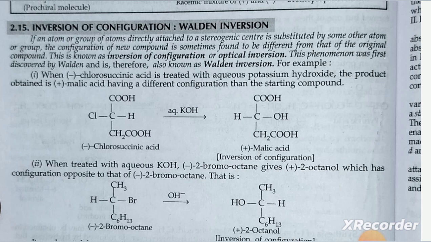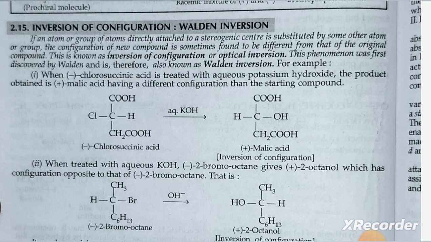For example, first, when minus chlorosuccinic acid is treated with aqueous potassium hydroxide, the product obtained is plus malic acid having a different configuration than the starting compound. Minus chlorosuccinic acid in the presence of aqueous KOH gives rise to plus malic acid, inversion of the configuration.